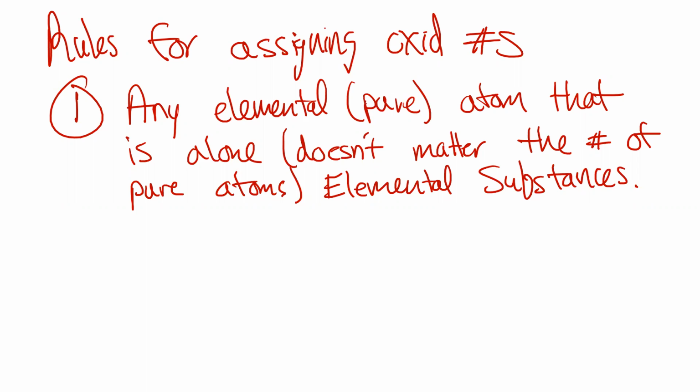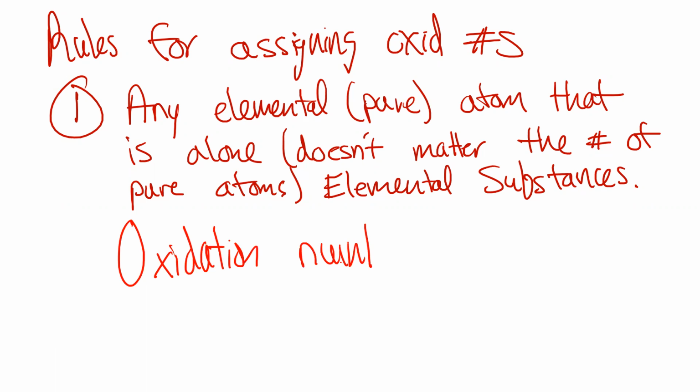If it's a pure elemental substance with no other element different from itself, the oxidation number assigned to this state is 0. Cero. Ninguna cosa. Not a single thing here. 0. Not negative, not positive. 0.